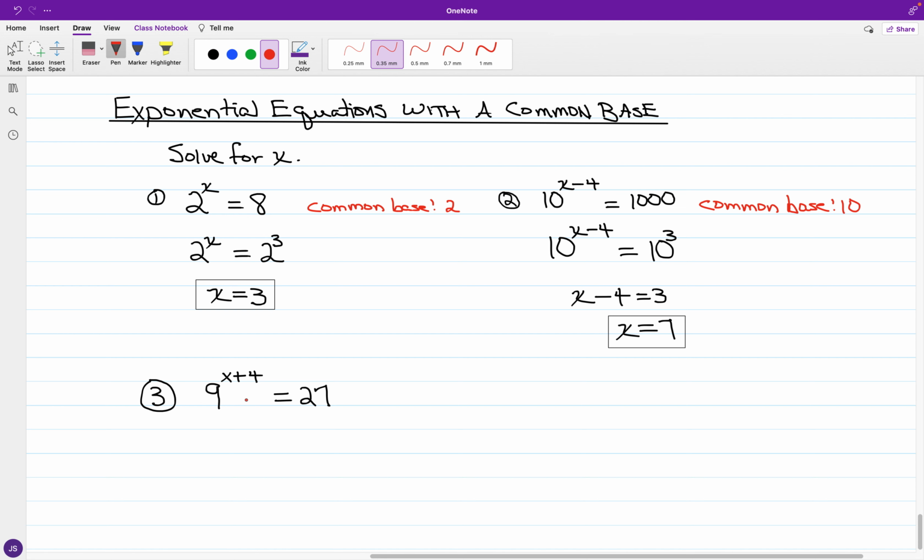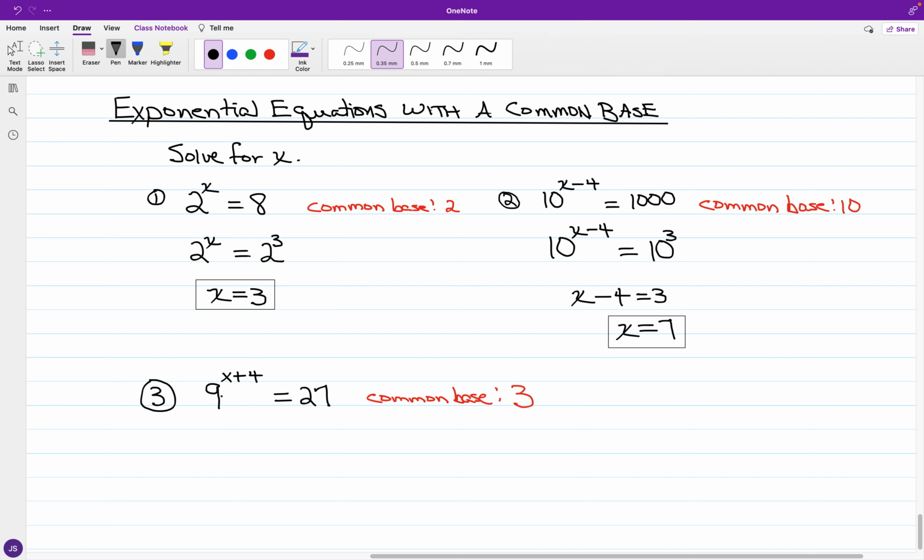But for 9 and 27, both of these happen to be integer powers of a particular number. That's a clue: how many times 9 goes into 27 is 3. So 9 and 27 are both multiples and integer powers of 3.